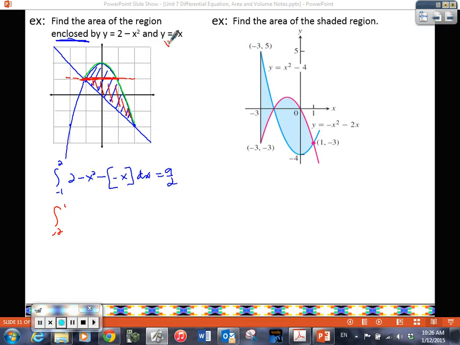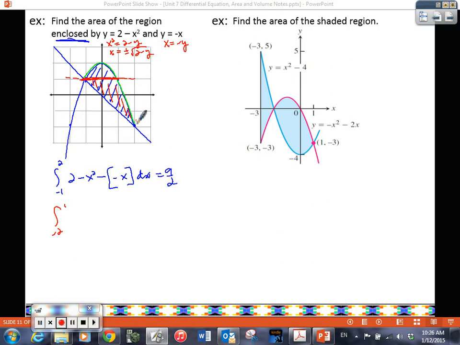So this would be x equals negative y, and this would be a little bit of work. Let's see, so that's x squared equals 2 minus y, or x equals plus or minus square root of 2 minus y. So we'd have to make sure we're in terms of x equals to do it with respect to y. All right, so this part of the parabola is which one of these radicals?